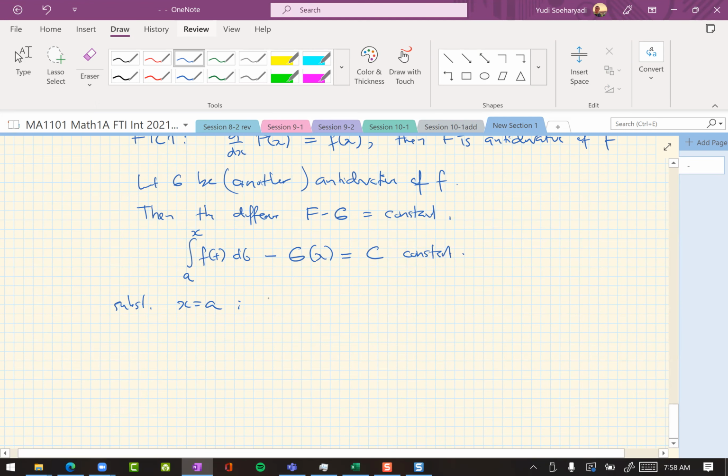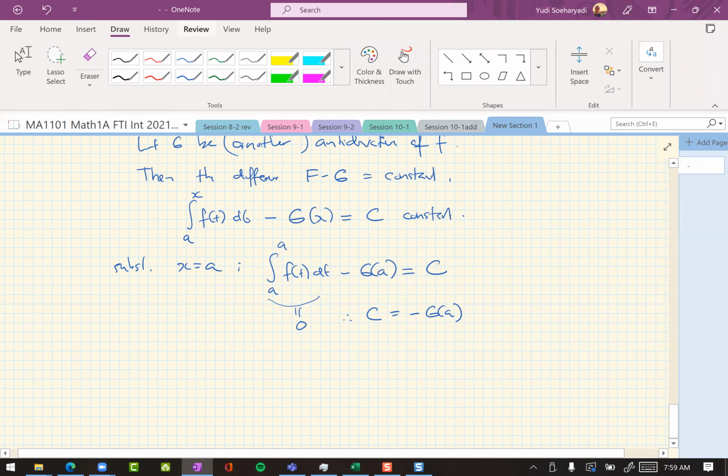If you plug in a, what do you get here? F of a is just c minus G of a. But this integral from a to a, meaning the area from a to a, is always zero. Forgot to mention that. Okay, so meaning that c is minus G of a.